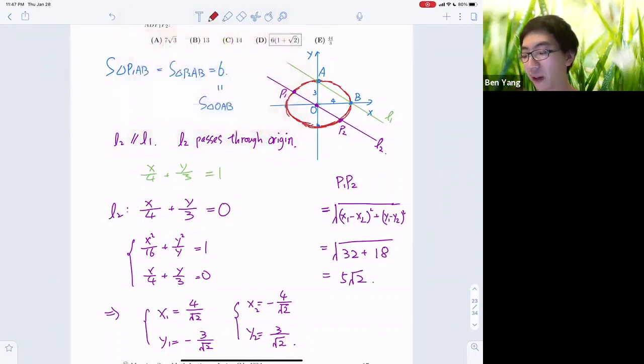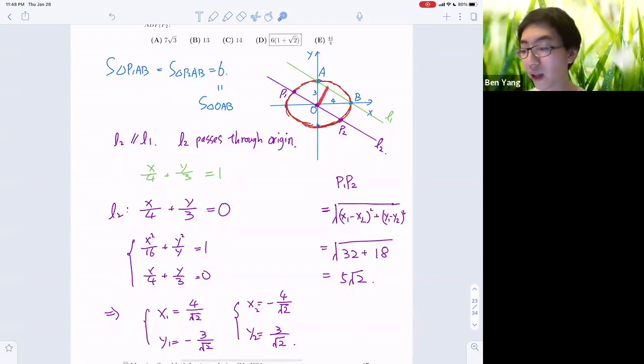We're almost there. So we know P1P2 is parallel to AB. So actually this quadrilateral is a trapezoid. And we know there's a formula for the area of the trapezoid. And we also know the height here.